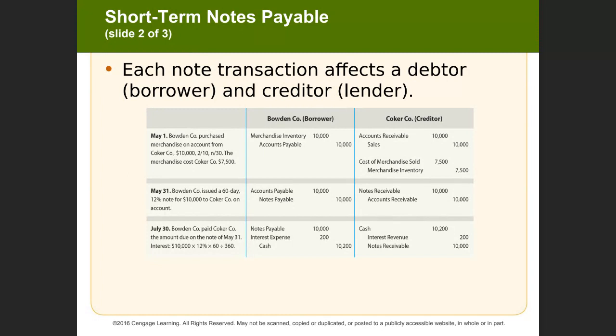So on Bowden's books, the borrower's books, they are going to record a debit to merchandise inventory for the full amount of $10,000, and they're going to credit their accounts payable account for the full amount of $10,000.